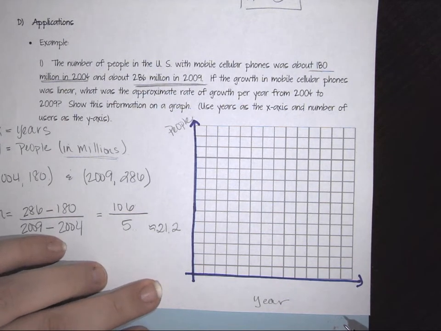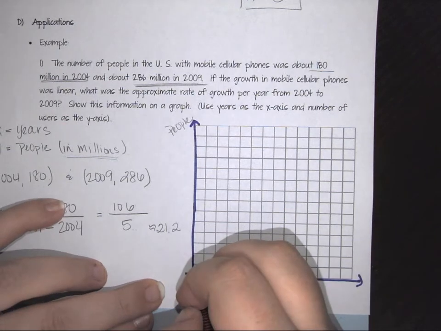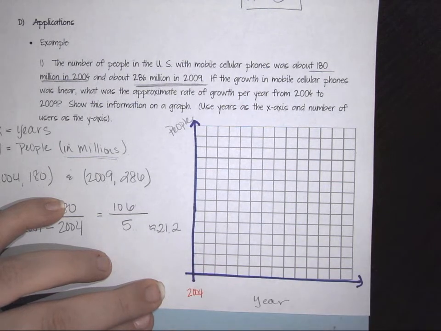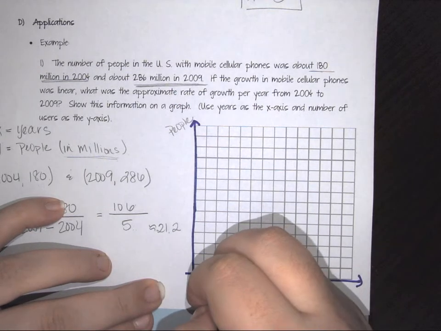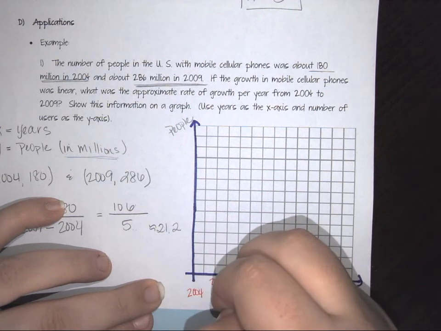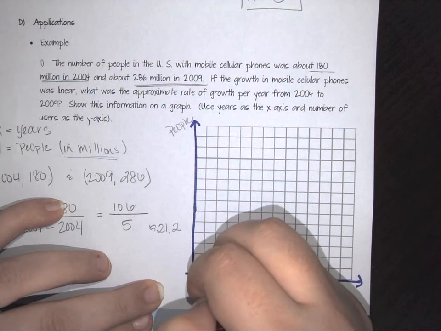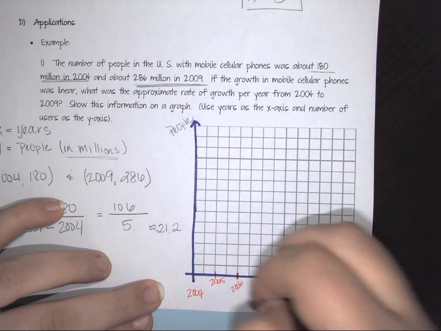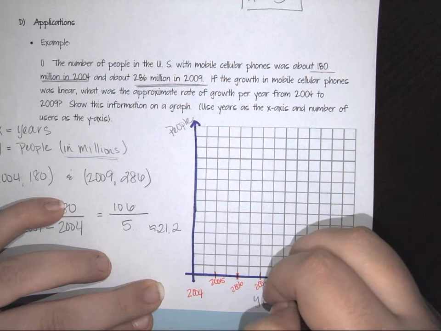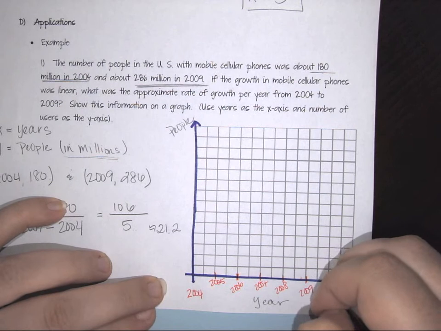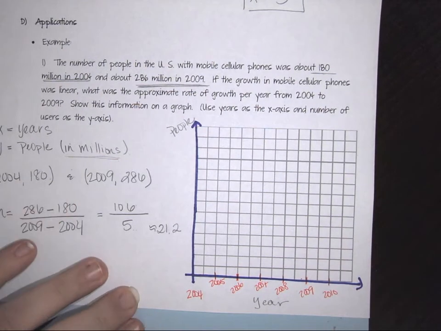We are talking about 2004, so we would use that as your starting point. So 2004, and then we can go 5, 6, 7, 8, 9. So we've got 2005, 2006, 2007, 2008, 2009, 2010, and so on and so forth.